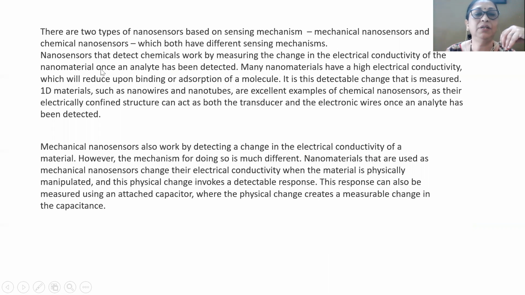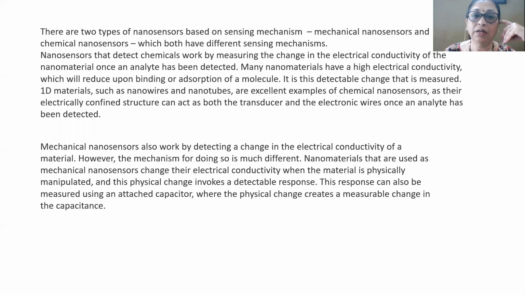Nanosensors which detect chemicals by measuring the change in electrical conductivity of the nanomaterial are called chemical sensors. Many nanomaterials have high electrical conductivity, which will reduce upon binding of such chemical molecules after adsorption of that molecule to the surface of the sensor.